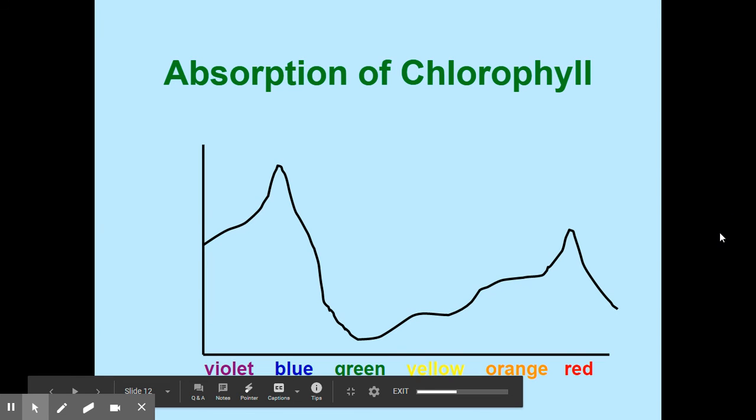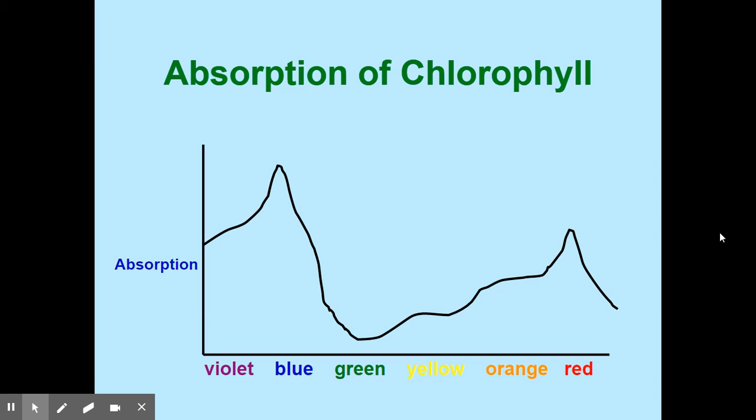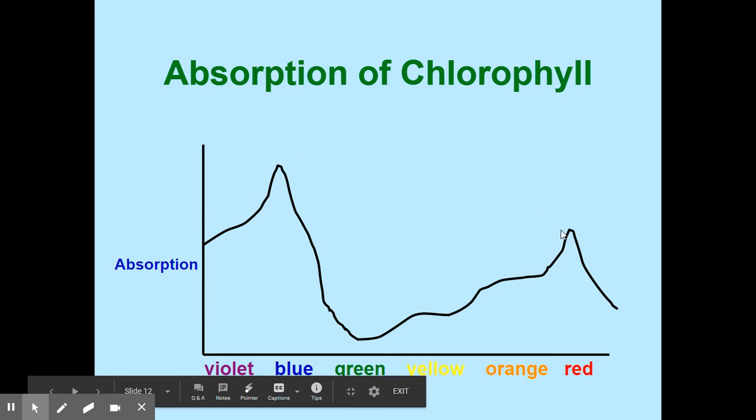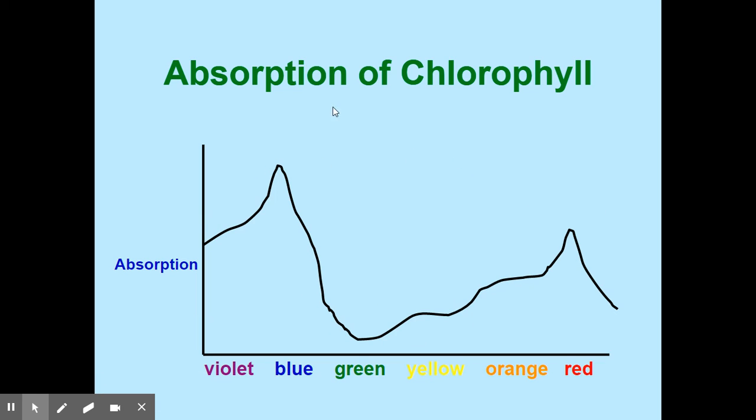So this shows you the absorption spectrum, or the things that chlorophyll likes to absorb. So as you can see, blue is high here, and the red area is also high. Down here, green and yellow is low. So this shows us what colors chlorophyll likes to absorb the most. It seems like blue it really likes, and then red after that. Okay.